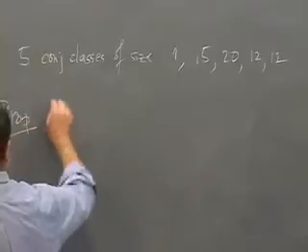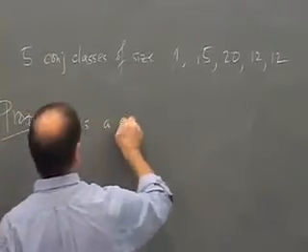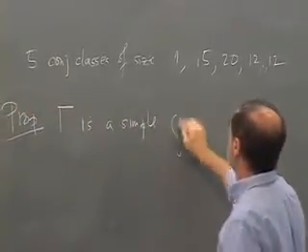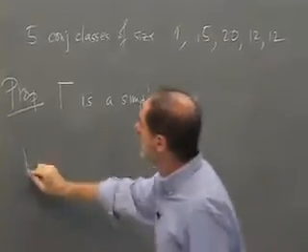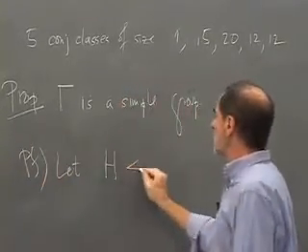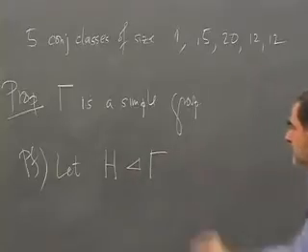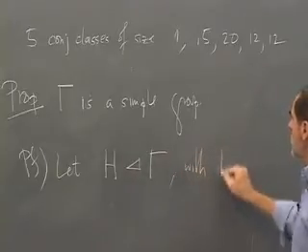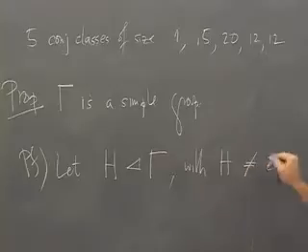Proposition. Gamma is a simple group. Proof. Let H be a normal subgroup of gamma with H not equal to the identity.